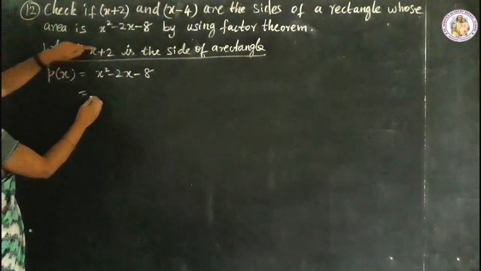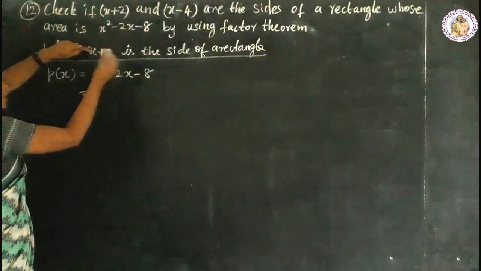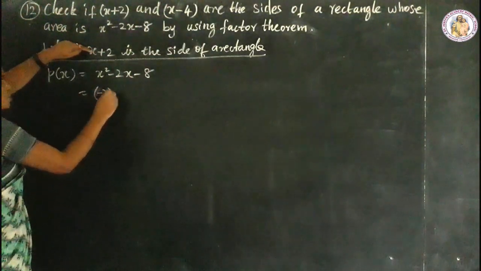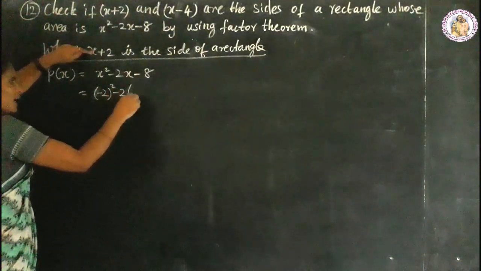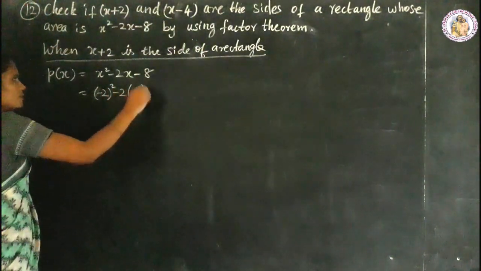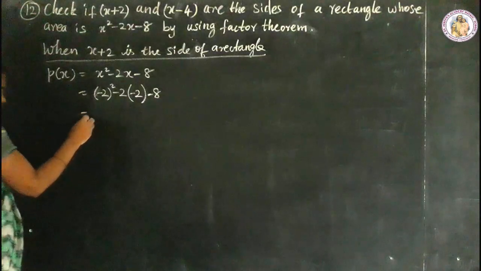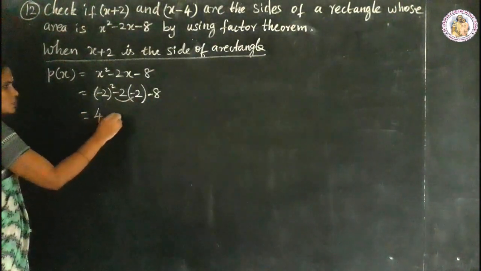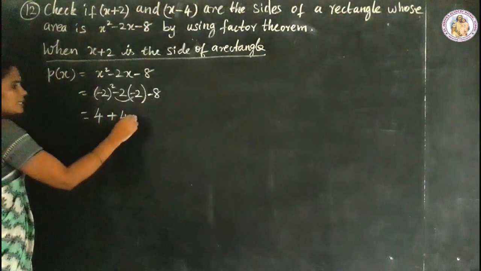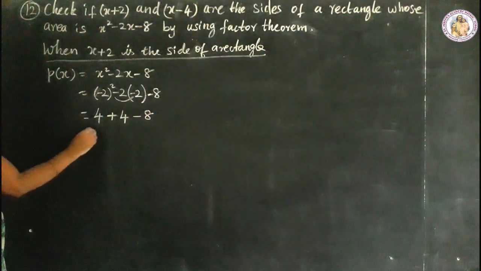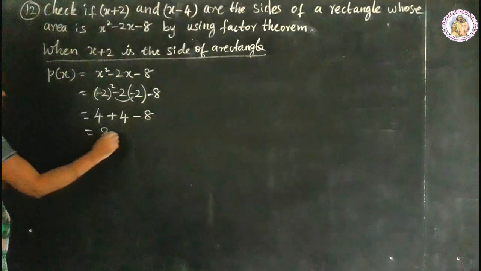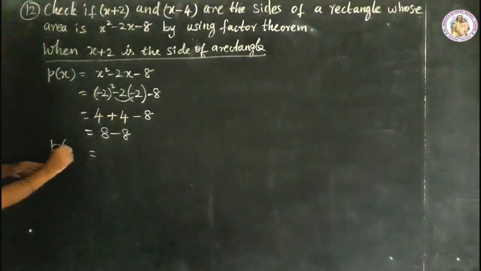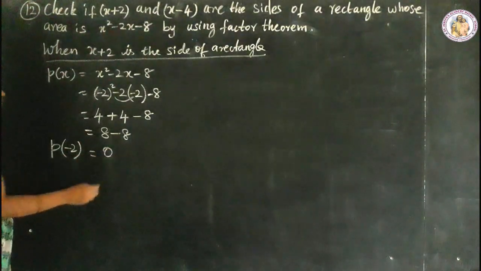So x plus 2, when it goes to the other side it becomes minus 2. In the place of x apply minus 2: minus 2 square minus 2 into minus 2 minus 8. So minus into minus plus, 2 2s are 4, minus into minus plus 4, minus 8. Plus 8 minus 8. So therefore p of minus 2 is equal to 0.